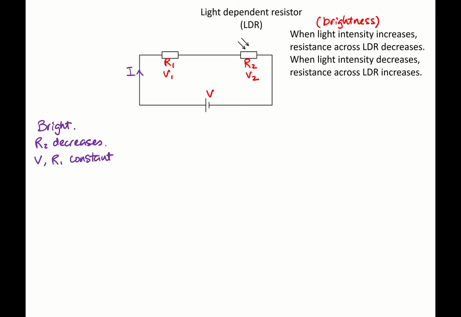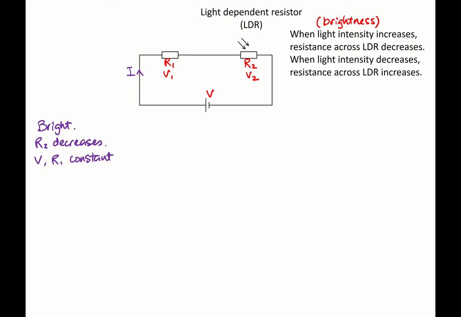And the current through the circuit is also constant. As mentioned earlier, it is said to be constant because the current through R1 is always equal to the current through R2, because R1 and R2 are connected in series.